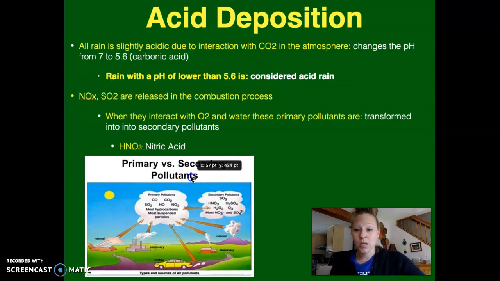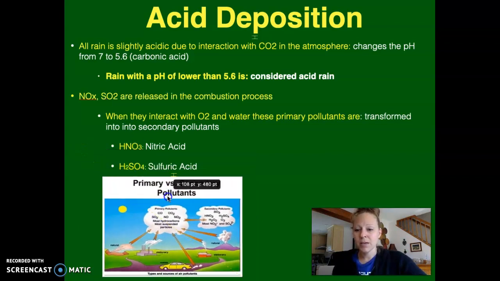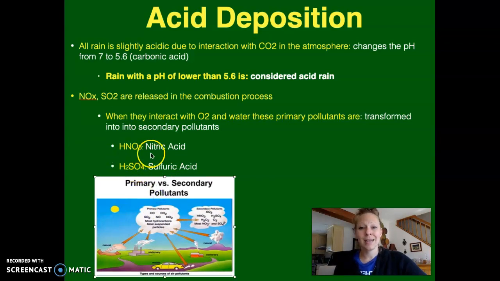When we introduce the NOx and SOx into the atmosphere, this is going to be when we start to see our acid deposition or our acid rain, because we're going to start to produce nitric acid.